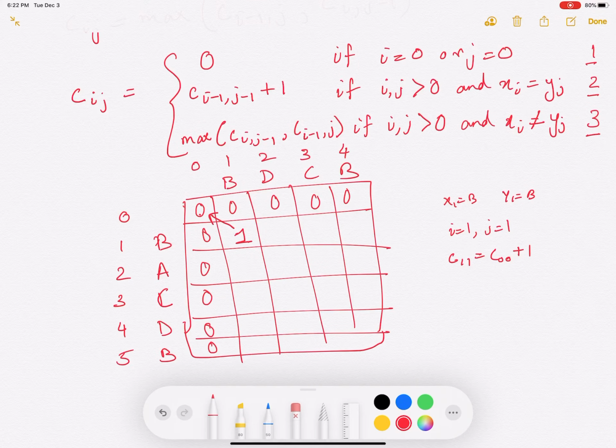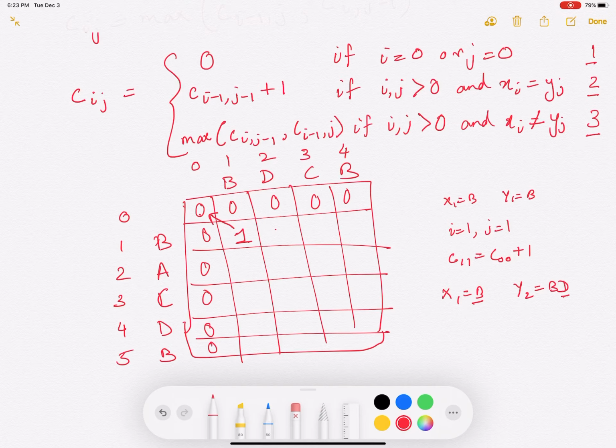Now let's try to fill this value. You can go either by row or by column, it does not matter. Now we are looking at x1, B, and y2, which is BD. The last characters, B and D, do not match.